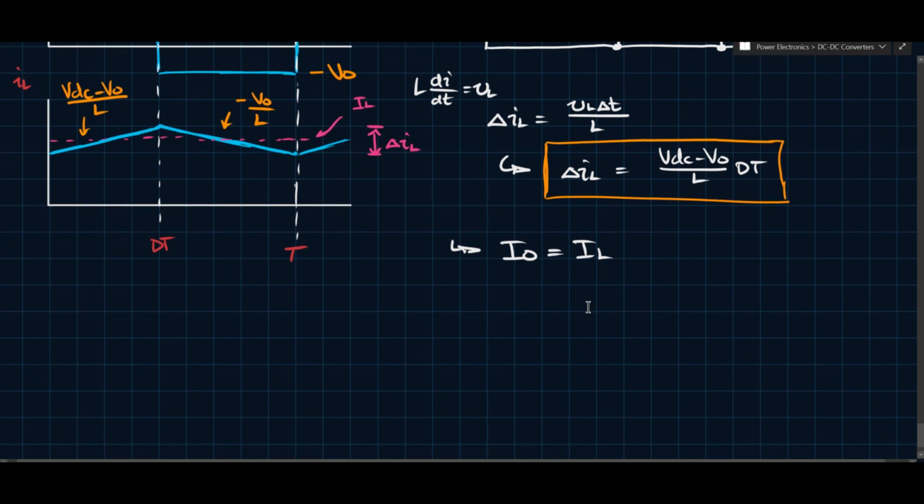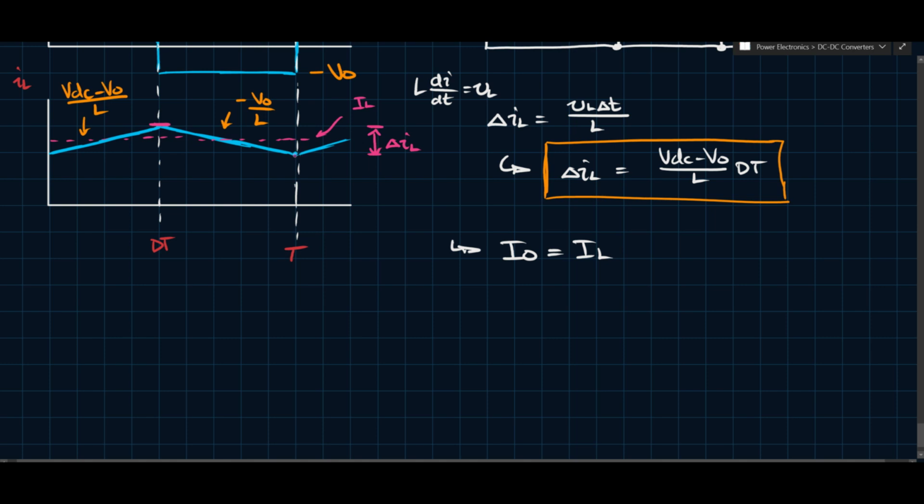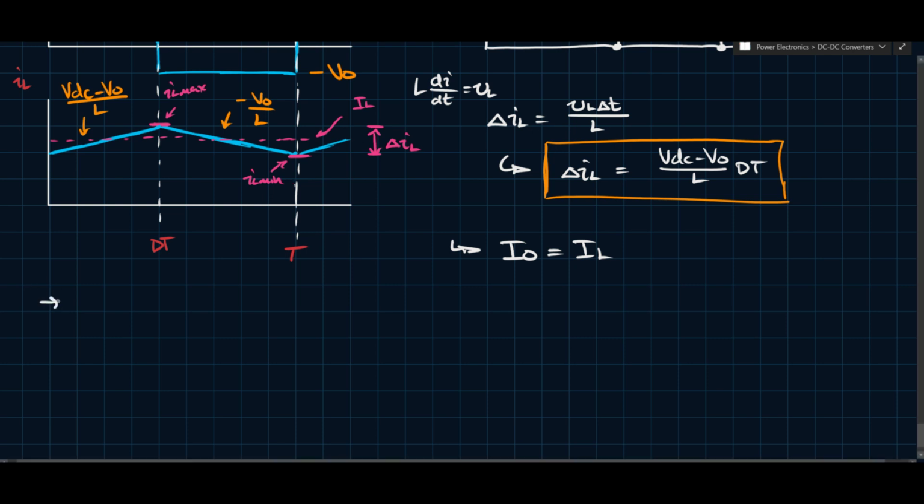Okay. The next thing we can look at are the maximum and minimum values. We can call this IL max, and we can call this IL min. These are important characteristics as well, because now we know the maximum current you're expecting in the circuit, based on this inductor current. So IL max is obviously going to be equal to the average IL plus 1/2 of the ripple.